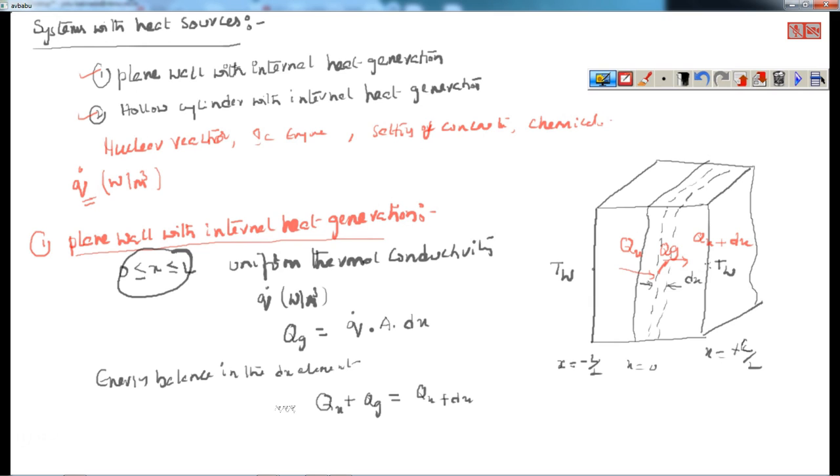Okay, and we know how to write Qx and Qx plus dx. Therefore, I am straight away writing this minus Qx is equal to minus by conduction.